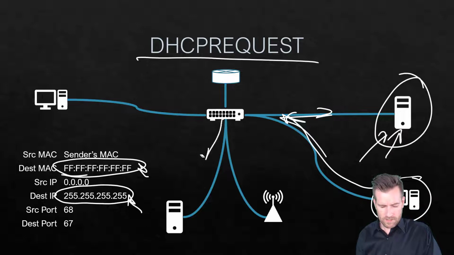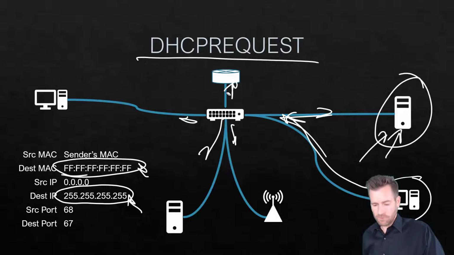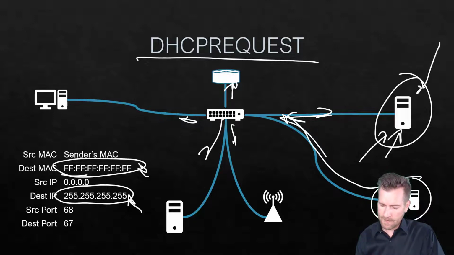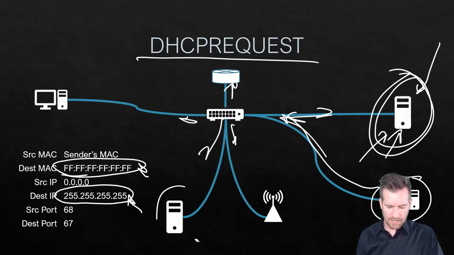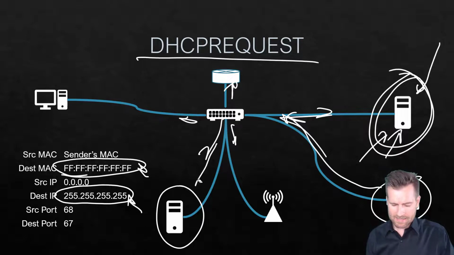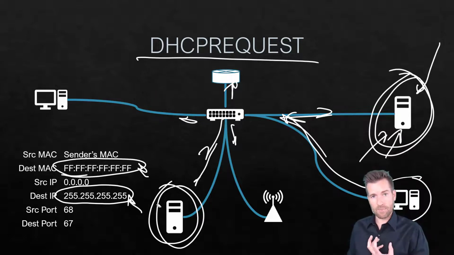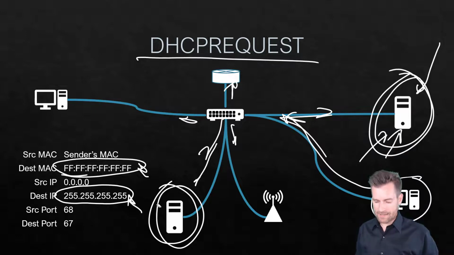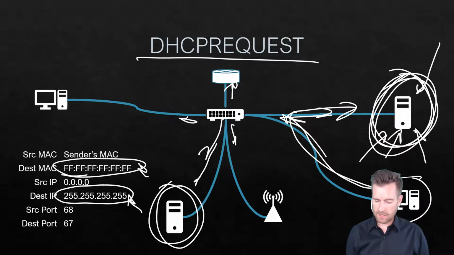And so the question is, well, why would it send a broadcast out that's going to be sent out in all the directions? The reason for this is it's accepting the IP address from this machine right here, but this machine also made an offer. And it is a broadcast because then this machine gets the frame and realizes that you are actually requesting the IP address from the other machine.